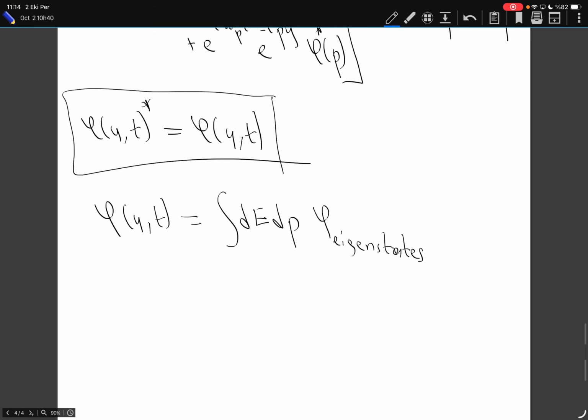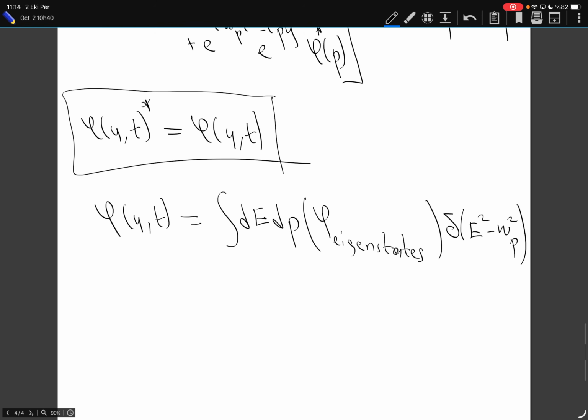Any state I can write as the superposition of the energy eigenstates, or the eigenstates of any Hermitian operator. But they are energy eigenstates only if E squared is equal to omega p squared. If E squared is not equal to omega p squared, they are not energy eigenstates.